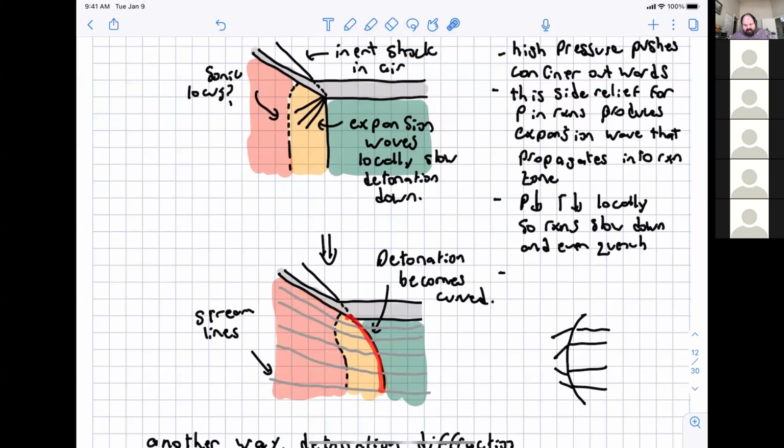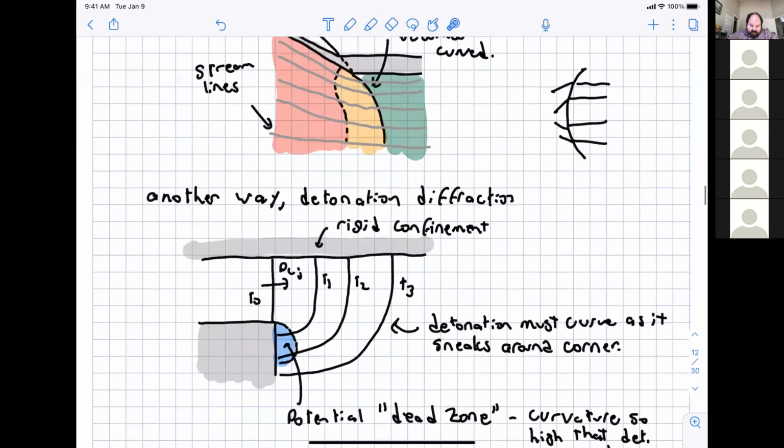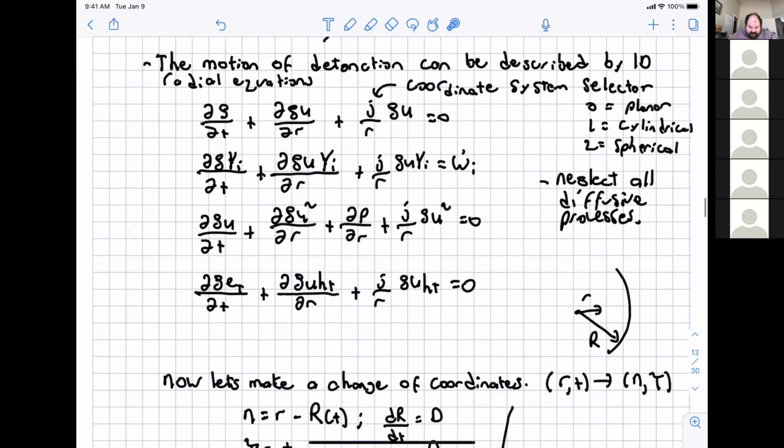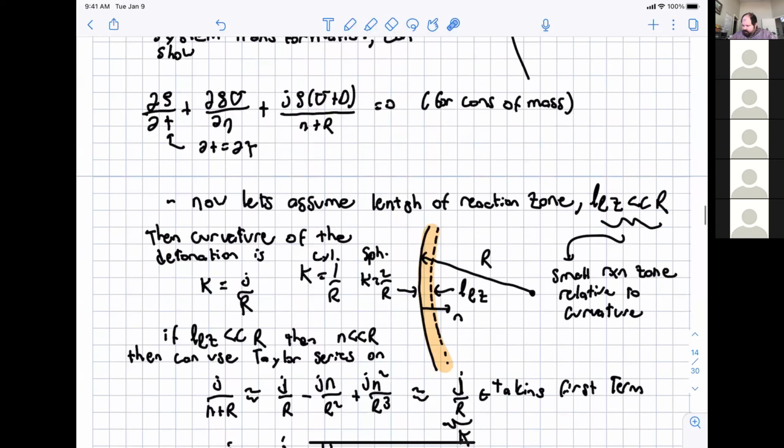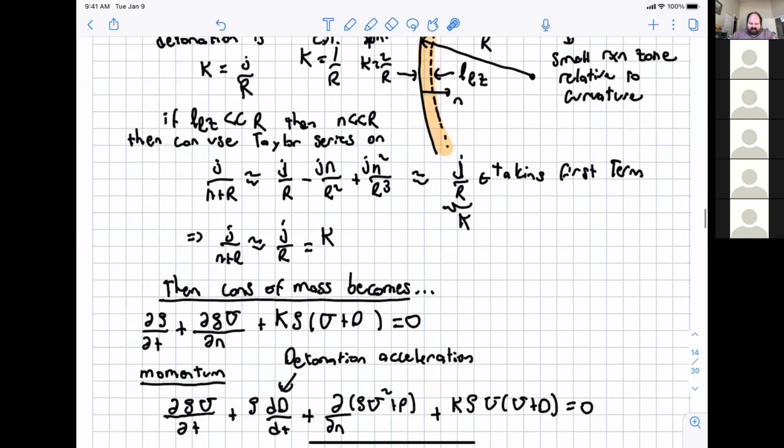That produces expansion waves that get into the reaction zone and lower the pressure there, which then affects the chemical reactions. There's this whole theory on detonation shock dynamics that was developed by Scott Stewart and others that basically corrects for that.